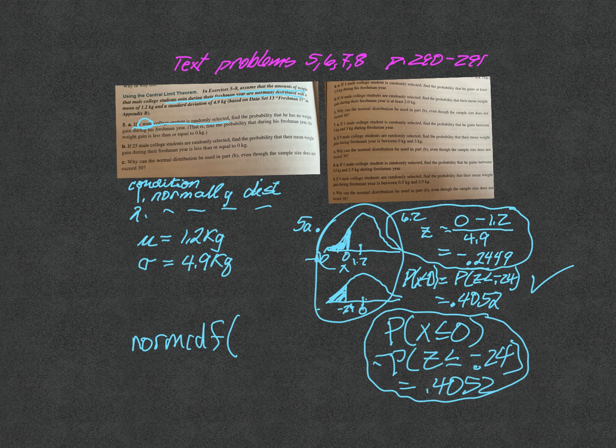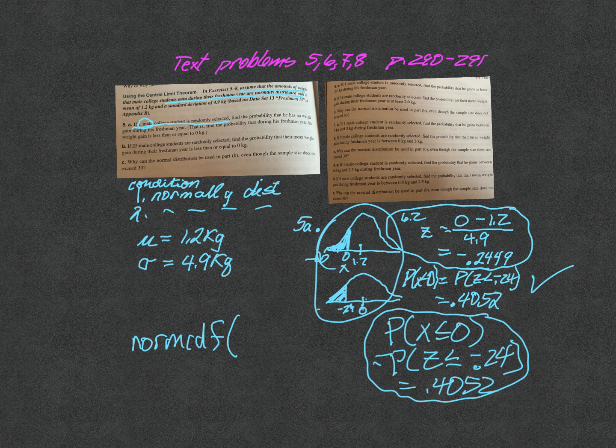For negative infinity, I use just a small enough number, negative 99,000. Then I'm going to 0. Then my original mean was 1.2, and the original standard deviation was 4.9. Then I can press enter.